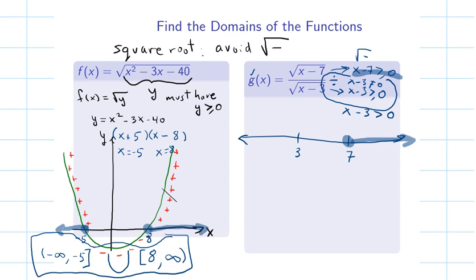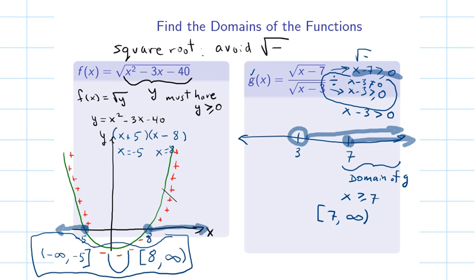And the second one, x minus 3 is strictly greater than 0, means not 3, but everything to the right is okay. But both conditions have to be true, so the domain is up here. Here's the domain of g, and that's going to be x is greater than or equal to 7, and in interval notation, we're going to go from 7 to infinity. And so let me leave it in interval notation.